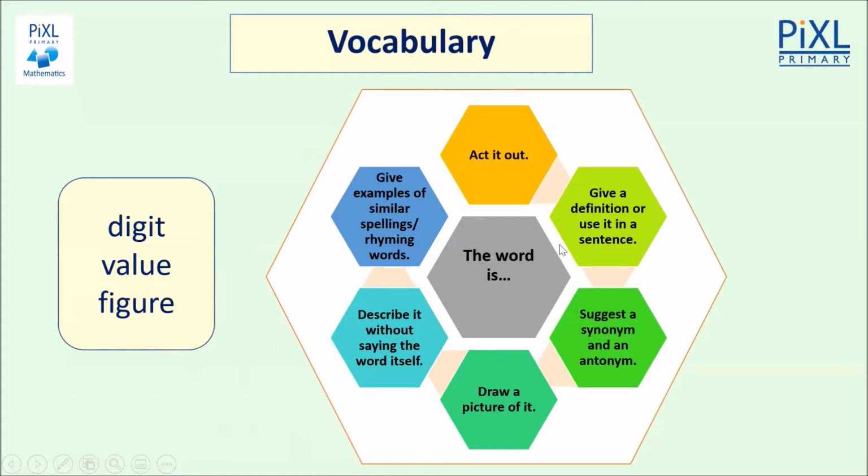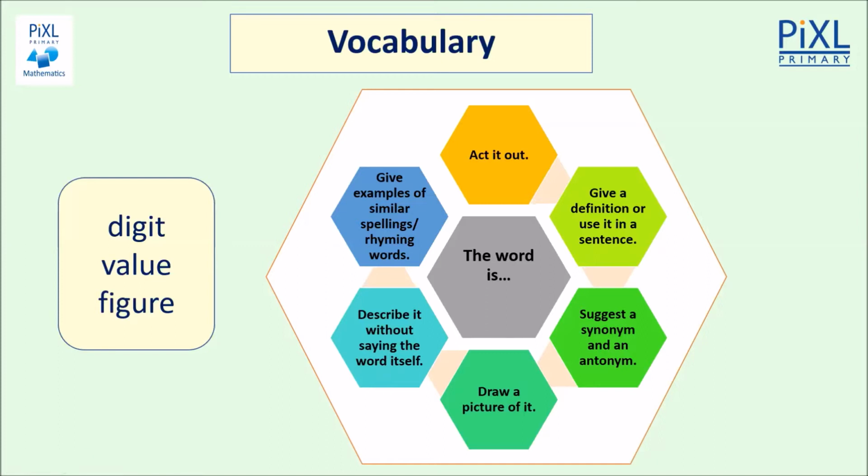So first, you need to give a definition or use it in a sentence. You might need to research that. Suggest a synonym and an antonym. Again, you may need to research it. Draw a picture of it. Describe it without saying the word itself.